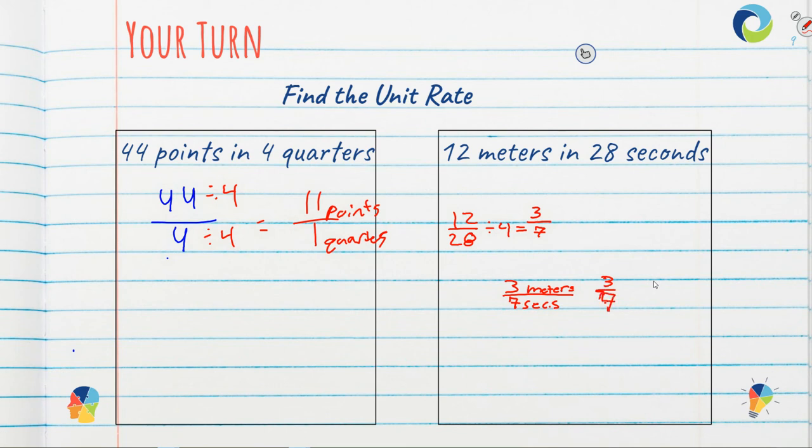Okay, remember when you have it this way as a fraction, 12 over 28, which one do you want to become 1? 12 or 28? You want the bottom to be 1, so 28 goes with, so we would say 1 second, which means this fraction goes with the other label, which is, what's the other label? So it's 3/7 meters to 1 second.